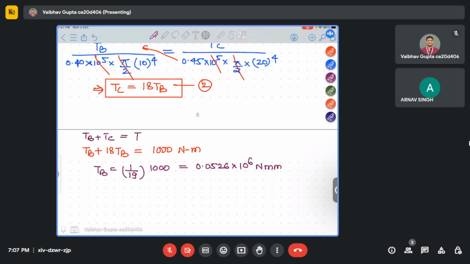I have multiplied by 1000 also for the millimeter. Got it? Yes, sir, 1000 upon 19 into 1000. Yeah, this is equivalent to 10 to the power 6 Newton mm. Okay, this thing I have done.